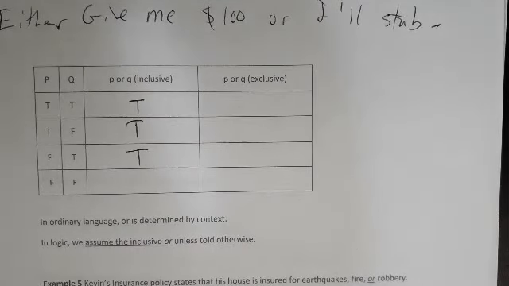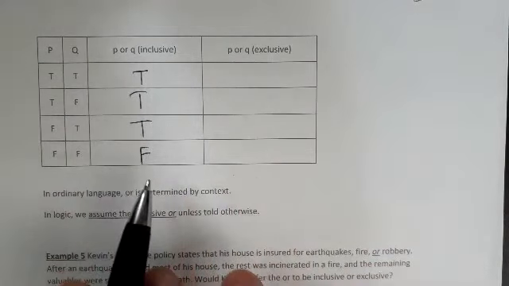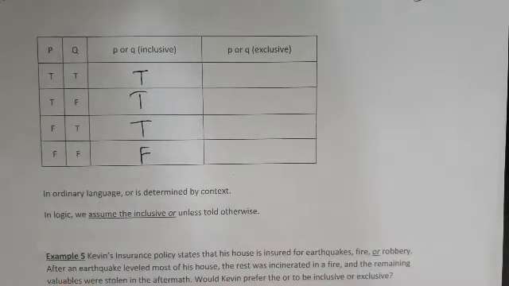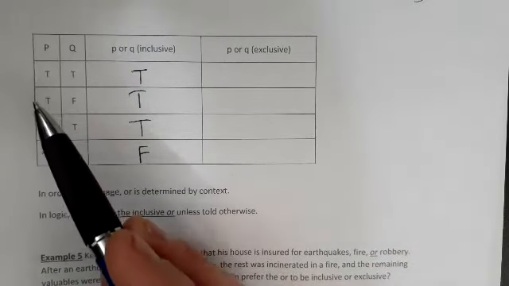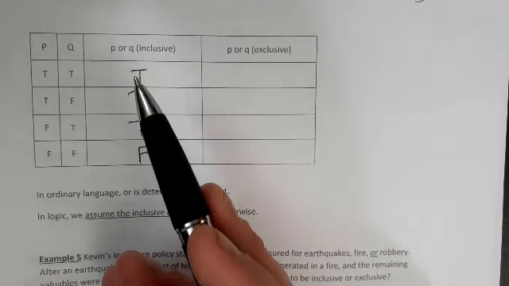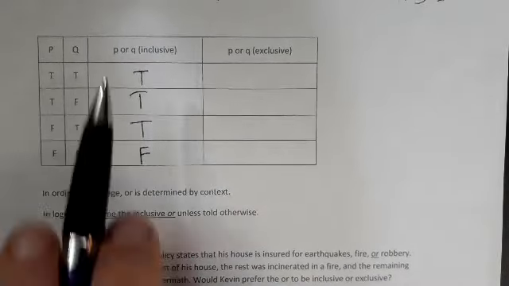And so this is kind of the other end of the and statement, right? This is only false when both of them are false. If one of them is true, overall, this thing is true. And in general, as it says down here, in logic we typically assume it's an inclusive.